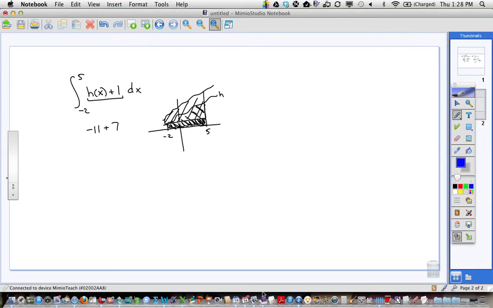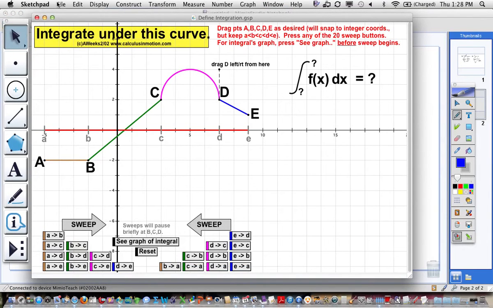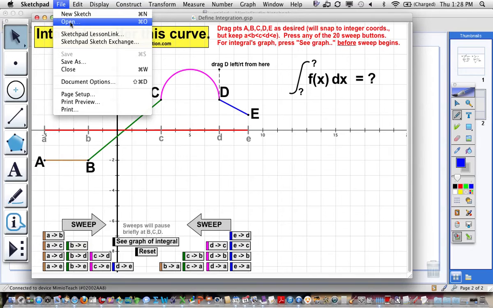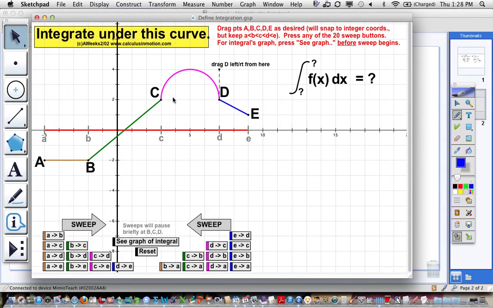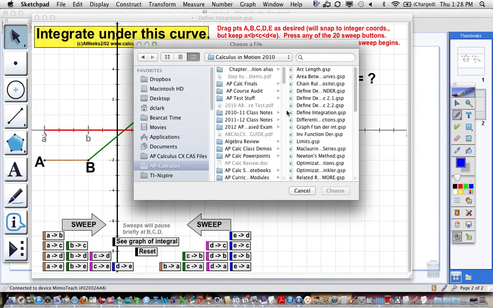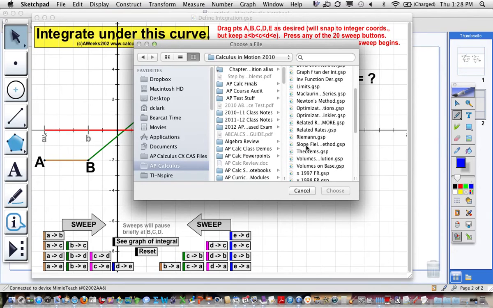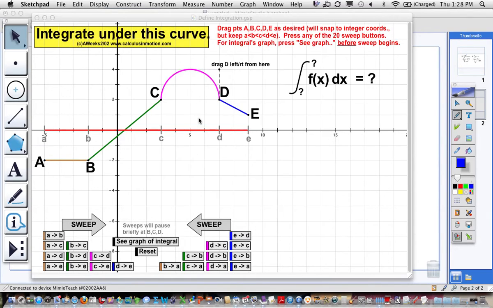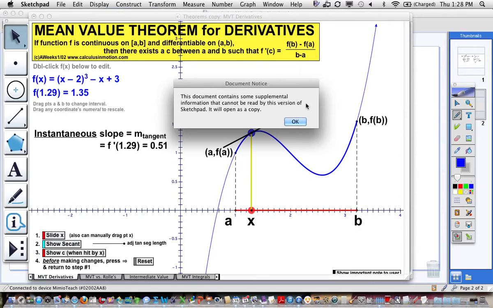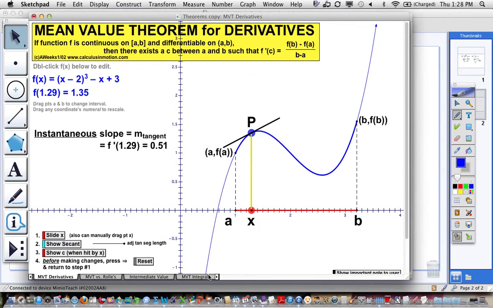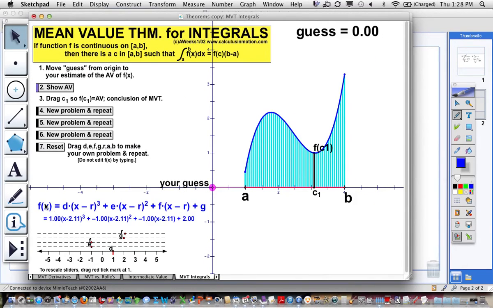All right, I got one new thing to show you today. Well, 2 things. One of them is not really new. This first one is the idea of average value of a function.